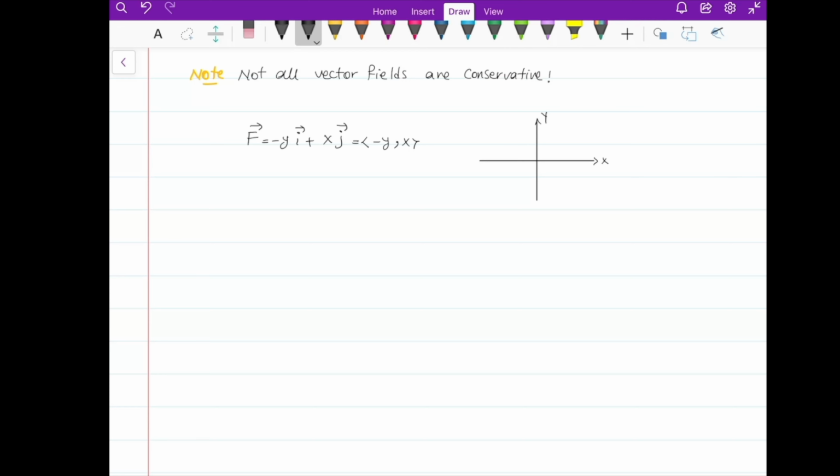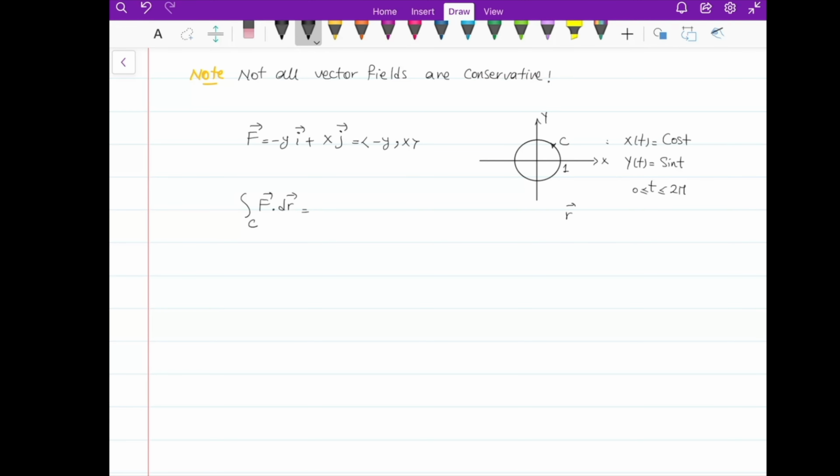X-axis, y-axis, it's 1, counterclockwise, C. Okay, I'm gonna find the integral of F dot dr over C. So let me parameterize the curve C. X of t is just because it's a unit circle, cosine t, the second parameter sine t, and then t from 0 to 2 pi.